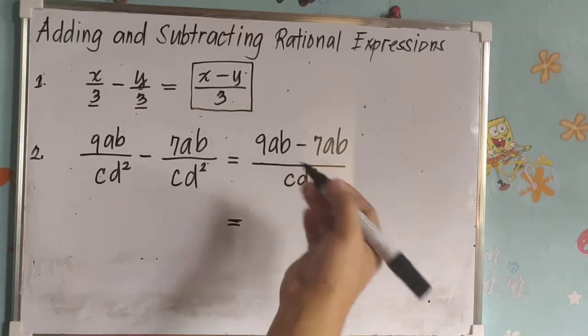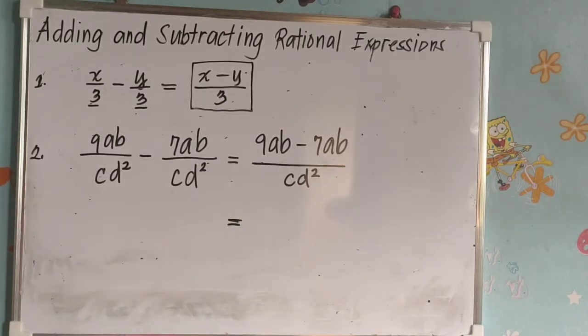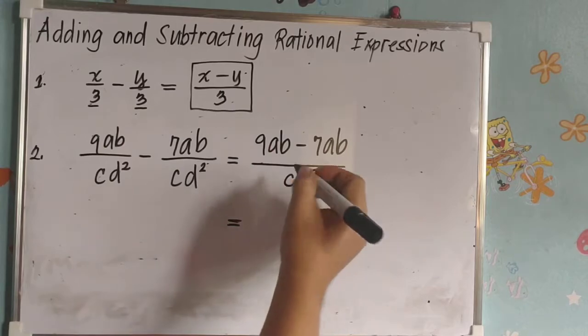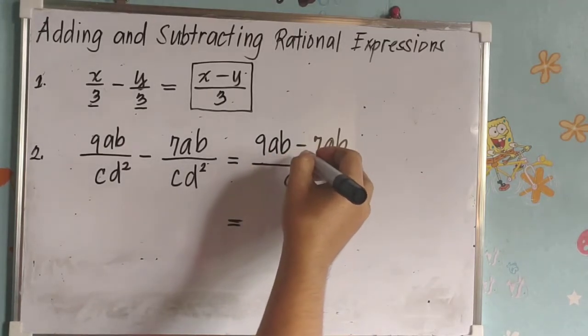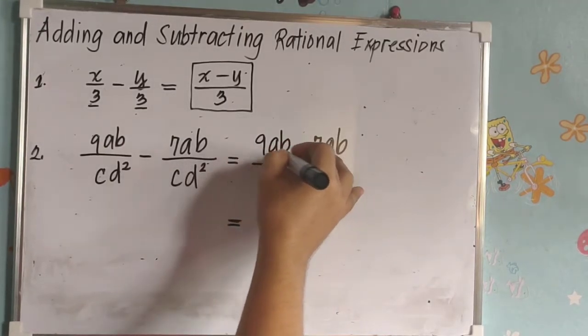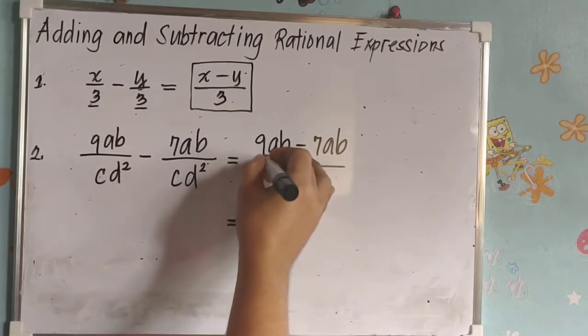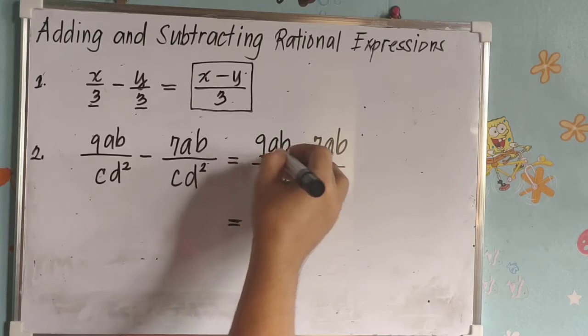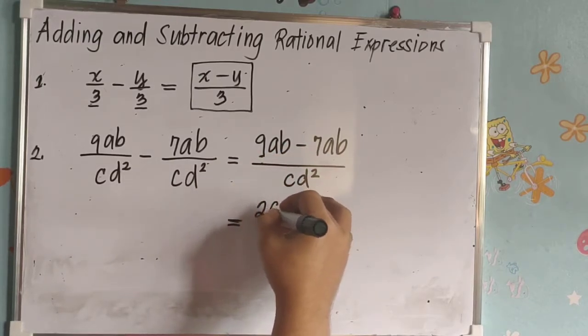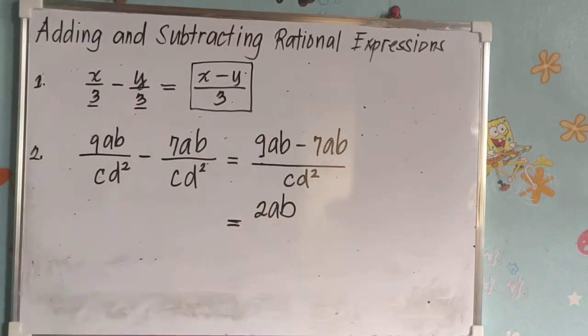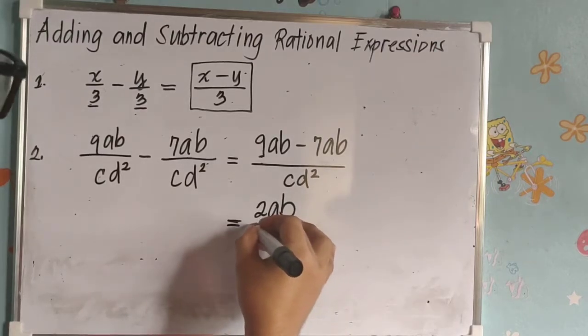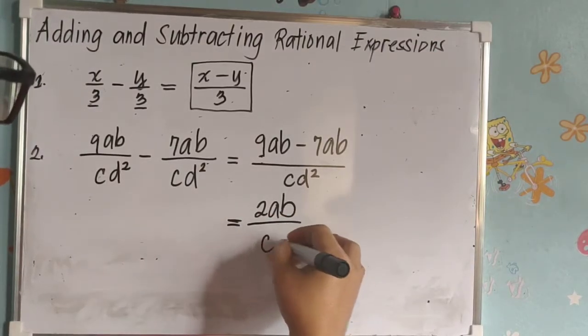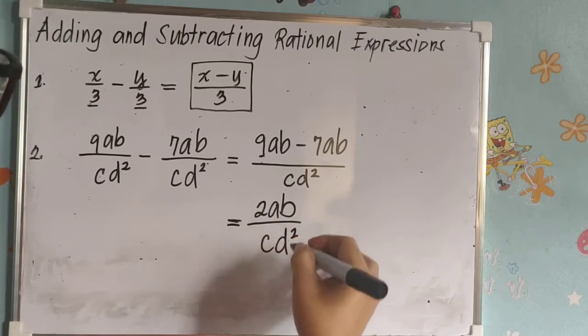Or you can do that directly. Subtract 9ab minus 7ab outright. So 9ab minus 7ab, similar terms. So that means subtract the numerical coefficients, 9 minus 7, so we have 2, and just copy the common literal coefficients over cd squared.